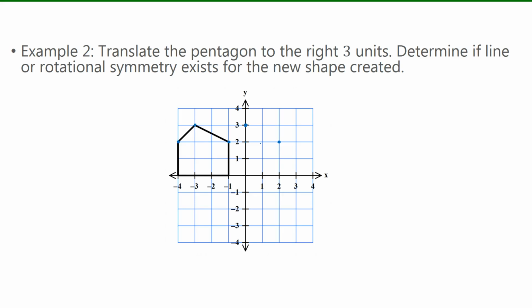This point will land on this point. This point moves over to here. And then this point is right here. So now we can join up our points to get our new shape.